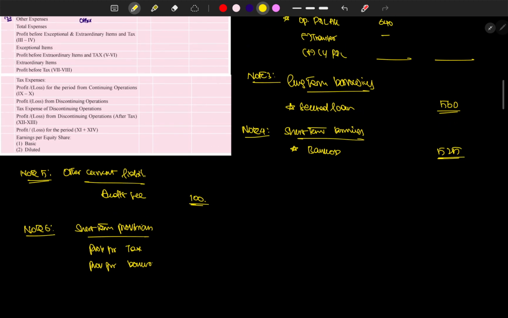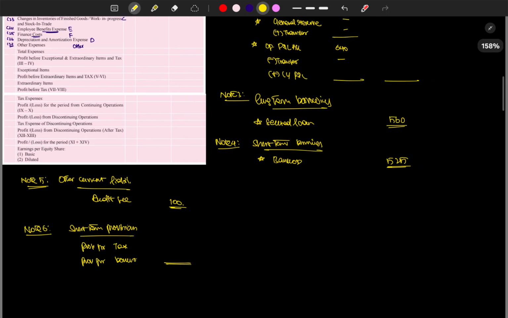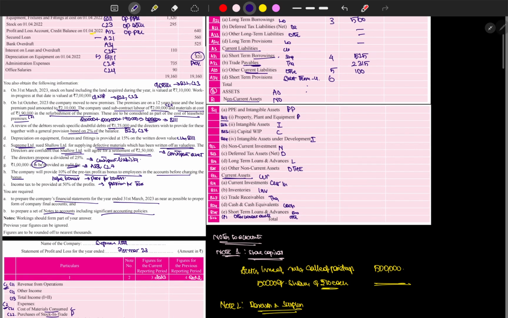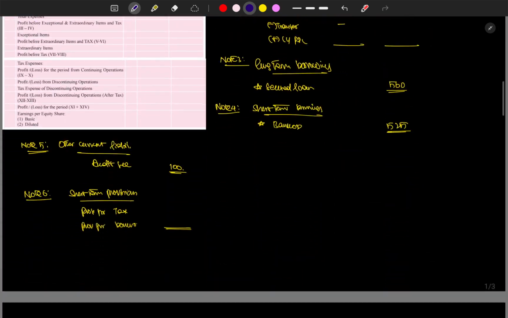So we have to keep the provision for both items. Provision for tax will be found at the time of P&L, and the provision for bonus also can be found at the time of P&L. So we'll keep this place empty and fill it up once we get the values. So put 6 and keep it empty, and let's go to the other items, which is B111.